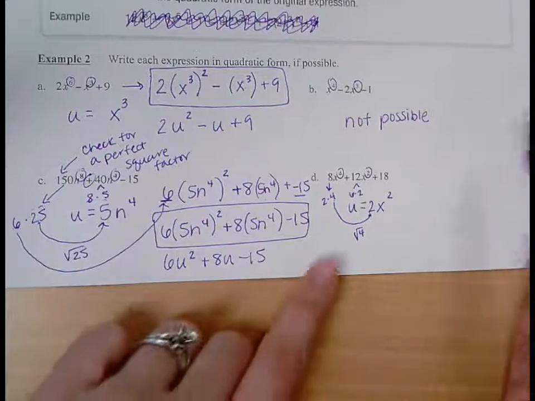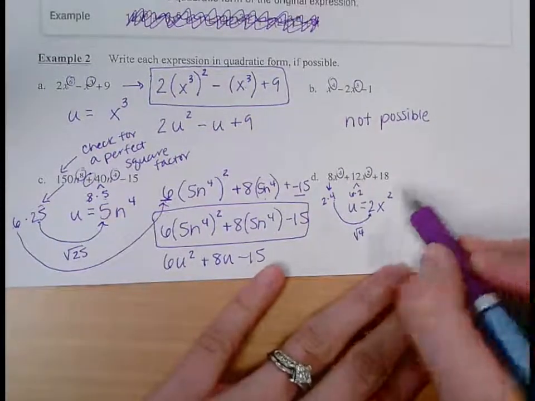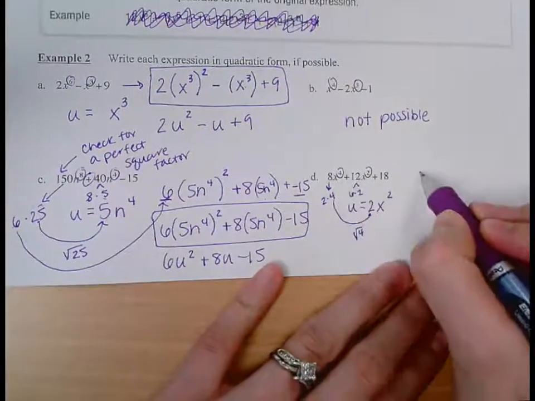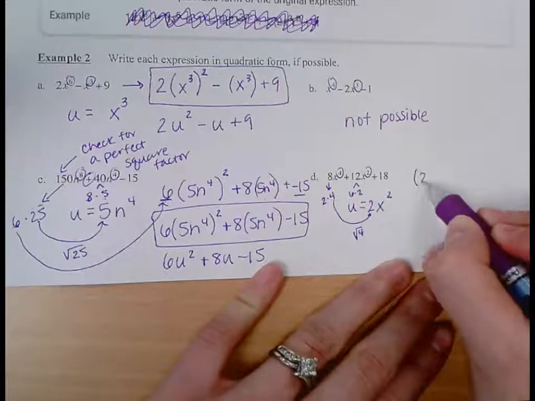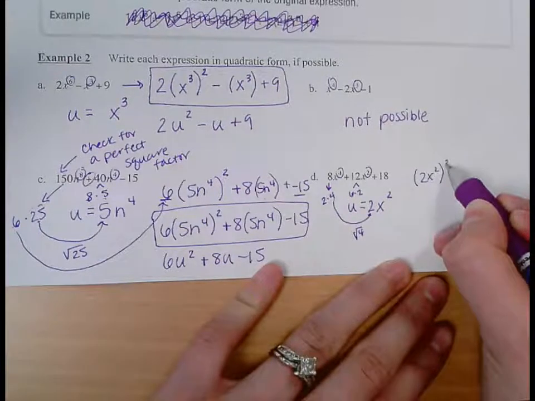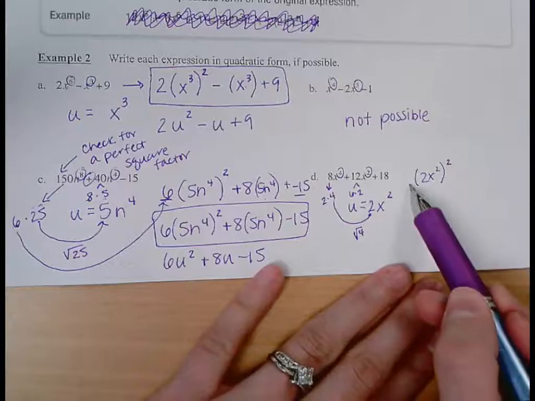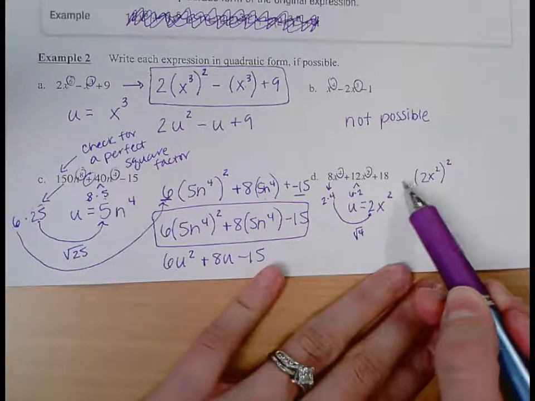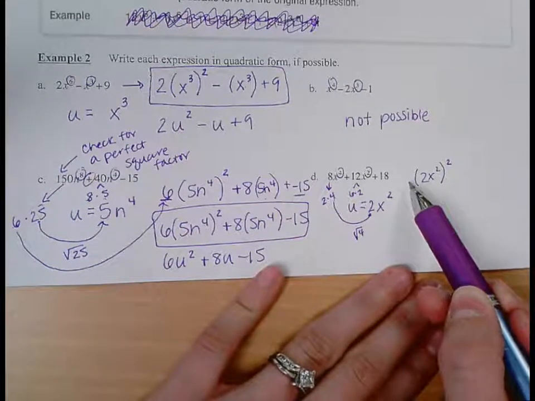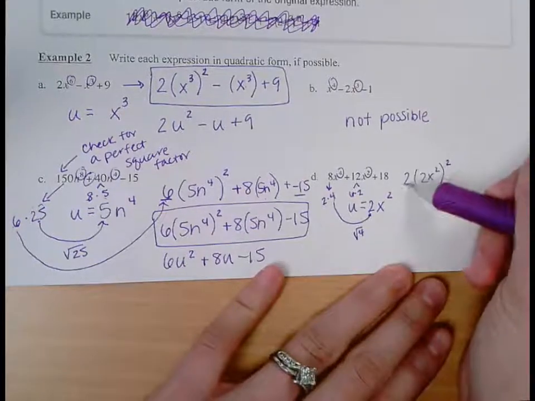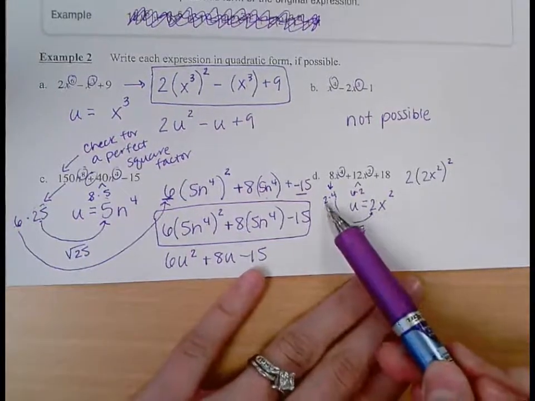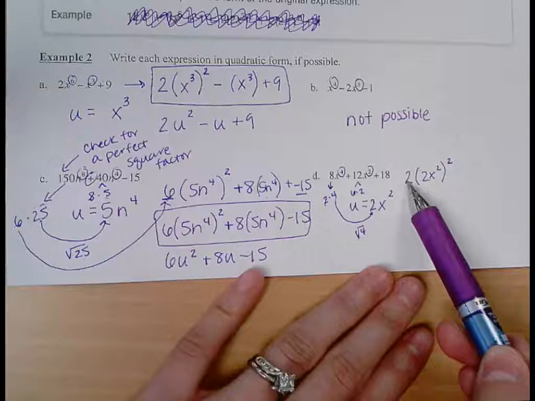So when I write this, for the first term, I know the u, the 2x squared, is going in parentheses, and that's being squared. What number is going to go on the outside of that parentheses? 2. So from the 2 times 4, the 2 is going on the outside.